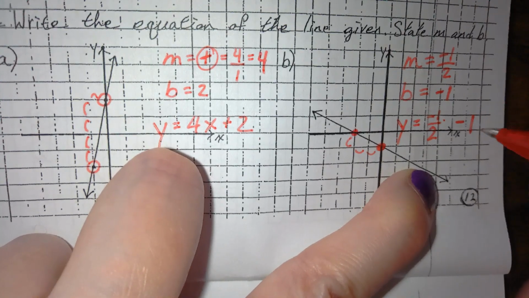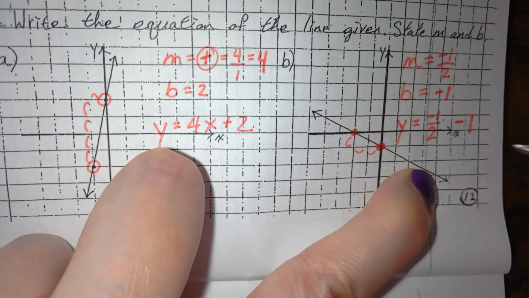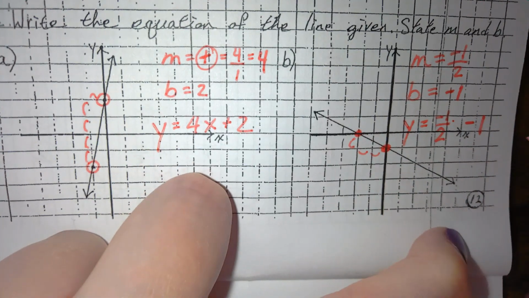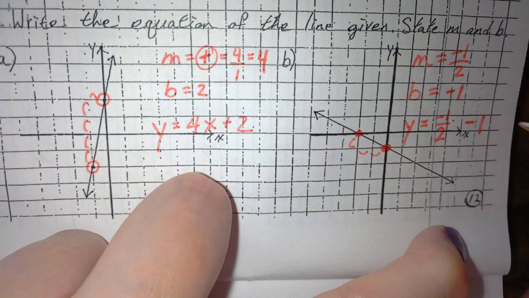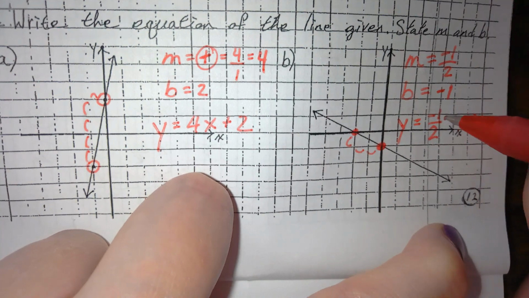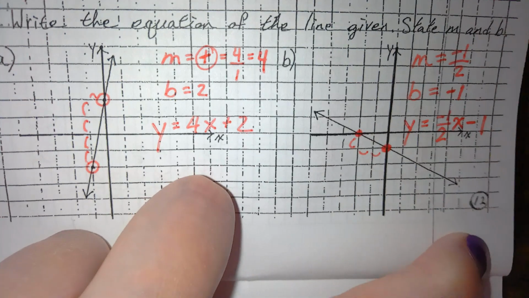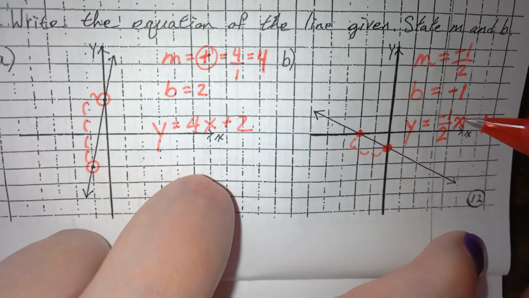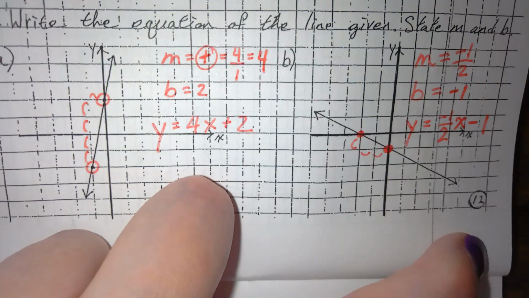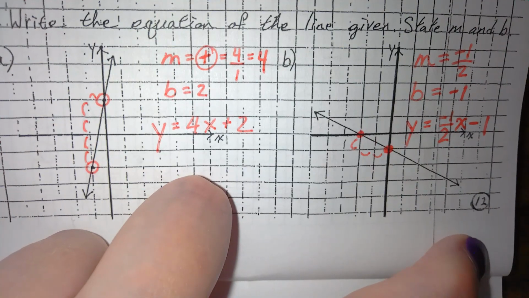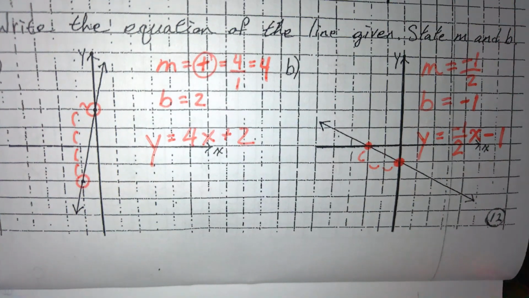Okay, so this is what Hussein said, I wrote exactly what he said. Emmy says it's missing the X. Trust me, every year when I mark the test, so many people miss that X. It just disappeared.